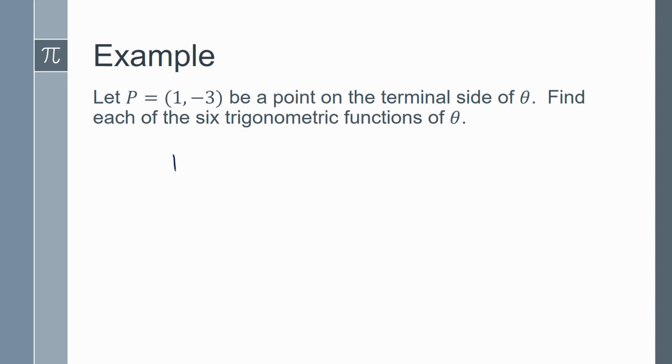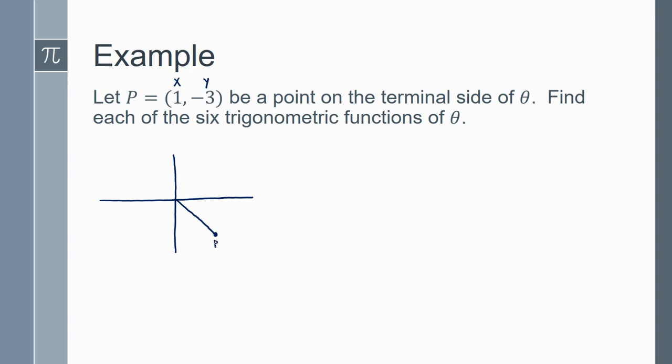Okay, so if I'm thinking about my x and y axis, we have to think about where the point 1, -3 is going to be located. Well, 1 is x, so that's going to be going to the right. -3 means that's y, that's going down. So that means that we are in the 4th quadrant. Okay, so I know that my terminal side is in the 4th quadrant, where this is my point, 1, -3.